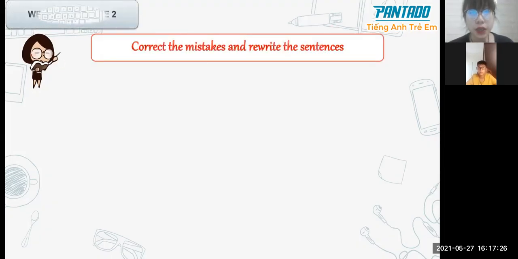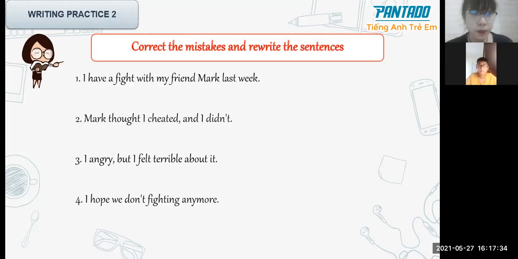So next one we have correct the mistake and then we write the sentence. This is one exercise. So number one, I have a fight with my friend Mark last week. So what is the mistake in this sentence? The mistake is have. So how can you change it?